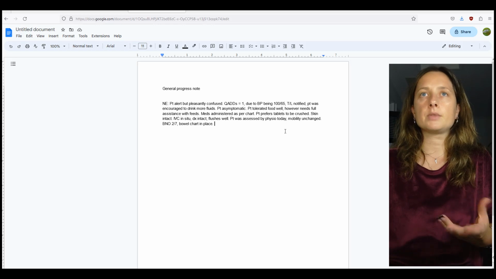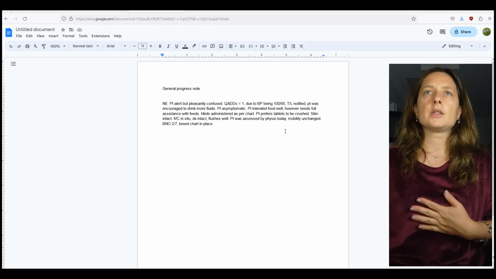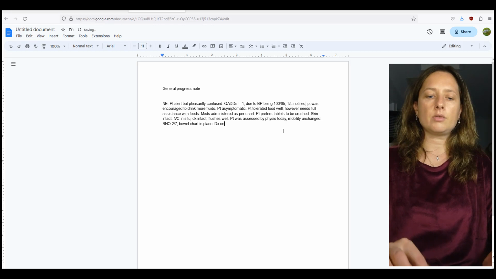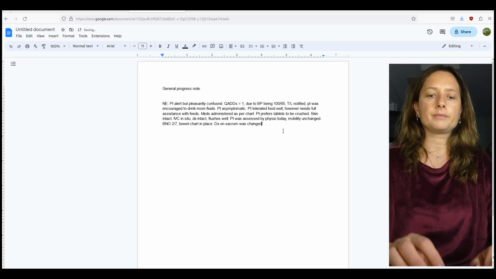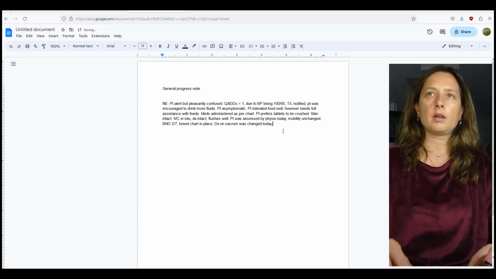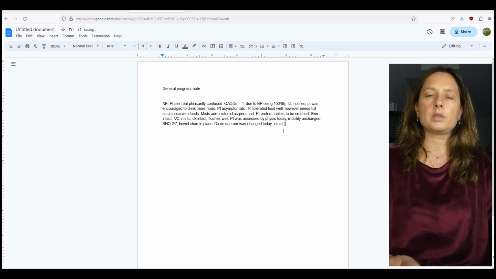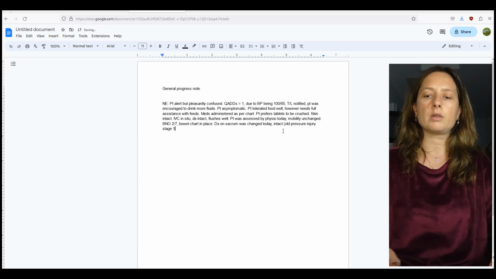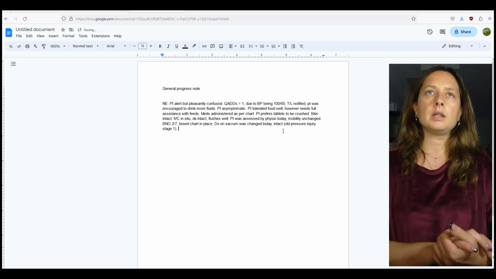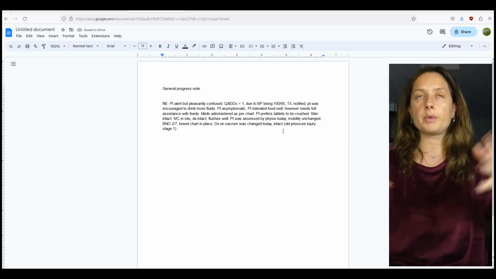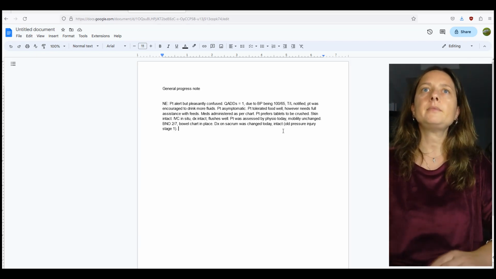And the most common place for them to have pressure injuries is the sacrum. So you can say dressing on the sacrum was changed today, intact. And you can put in brackets old pressure injury stage 1, but it will be all in the patient's blue folder charts anyway.